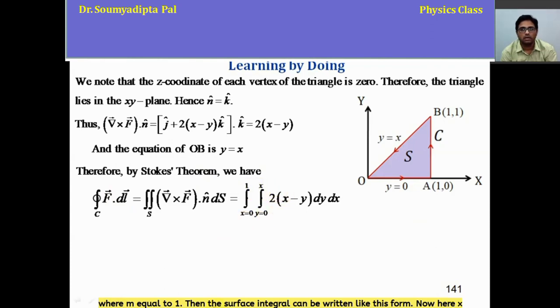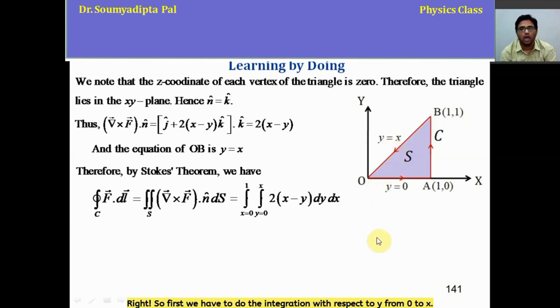Now here x varies from 0 to 1, which we can see from this figure, and y varies from 0 to x, because at a particular x distance the upper limit of y will be according to the y equal to x relation, right?